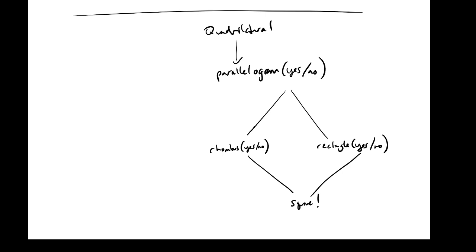But if we go down this tree, okay? Sorry, I drew this guy kind of crooked. Oops. So effectively we do this, quadrilateral, okay?